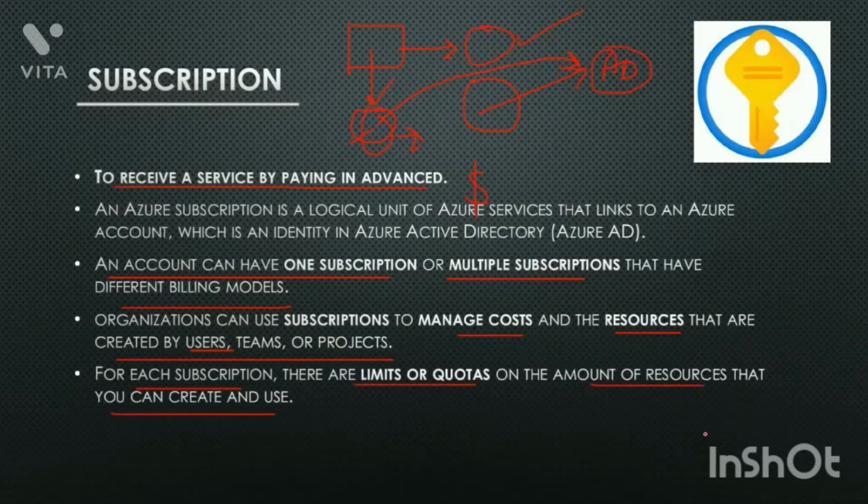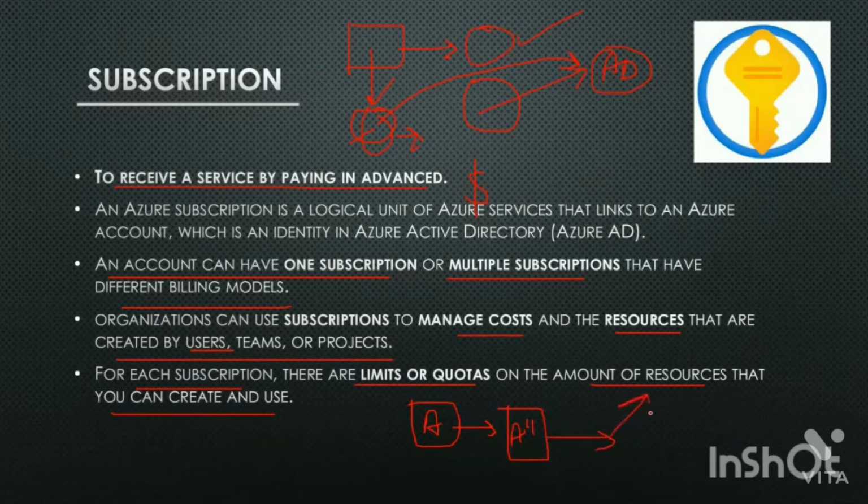Let's say we have an organization A. In organization A, we have one management group named A-. In this management group, we have two subscriptions: subscription 1 and subscription 2.